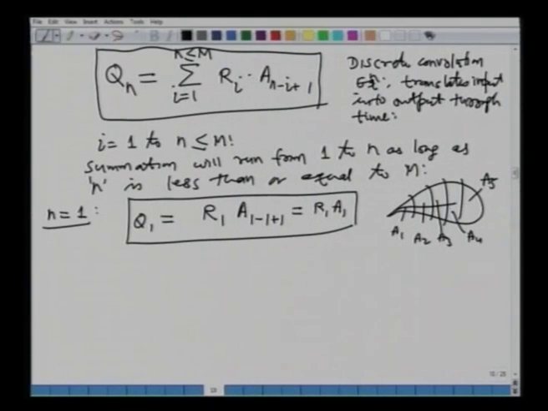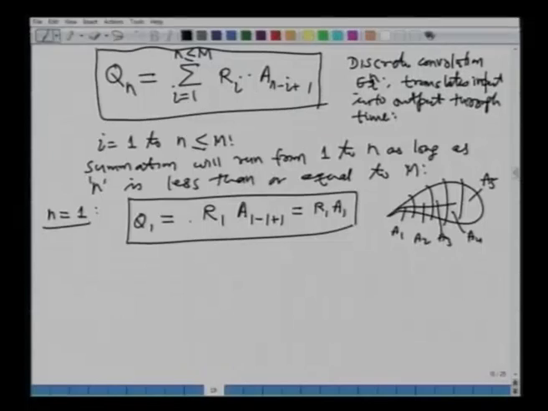It is saying q1, or the direct runoff hydrograph at the end of first hour. Let us say 1 hour is the delta t, for example, for demonstration. So, the DRH at the end of first hour is nothing but R1 multiplied by A1. That is the contribution from the catchment during the first hour. What is A1? A1 is the entire isochronal area corresponding to 1 hour.